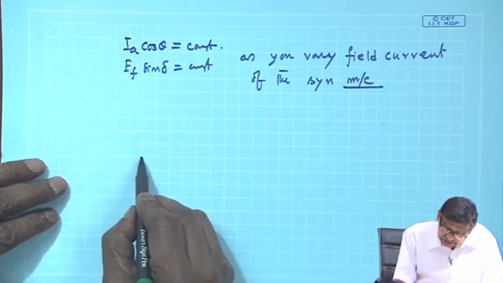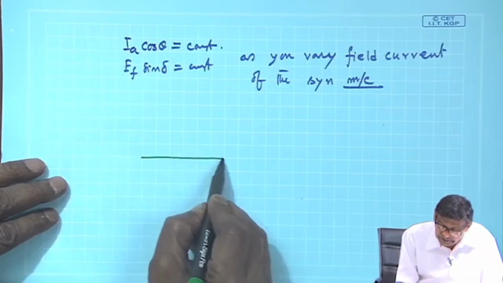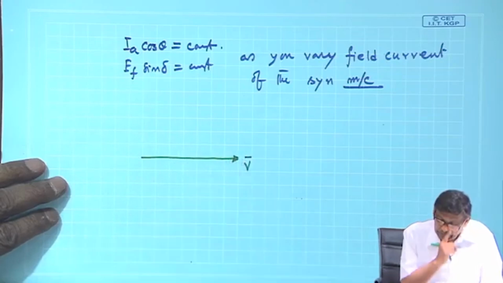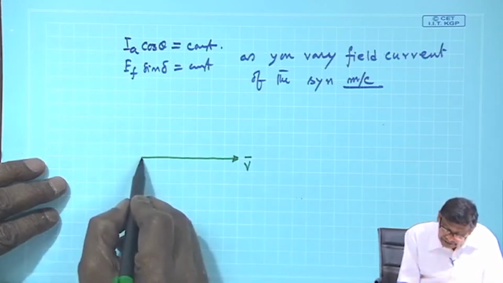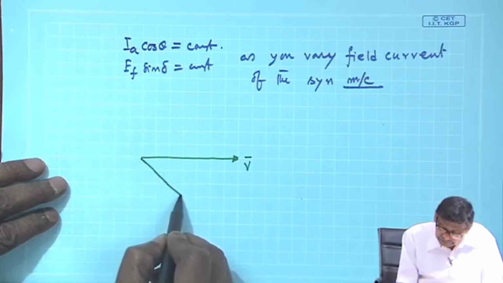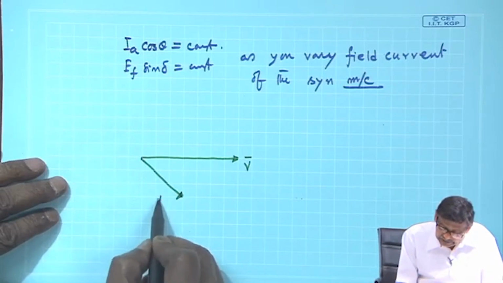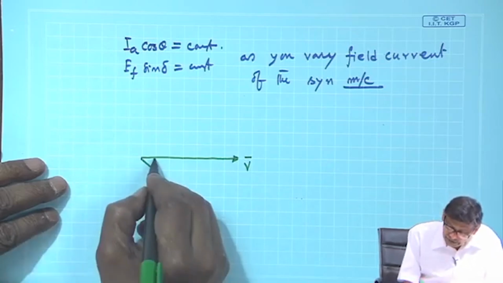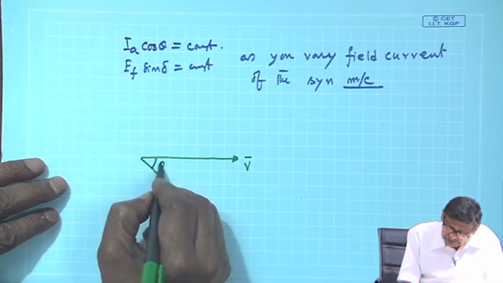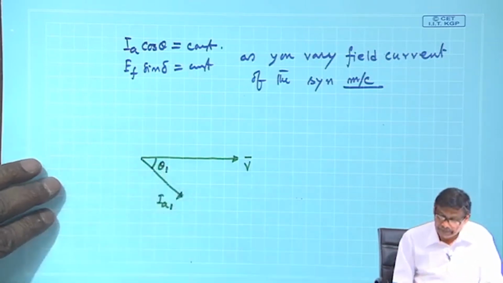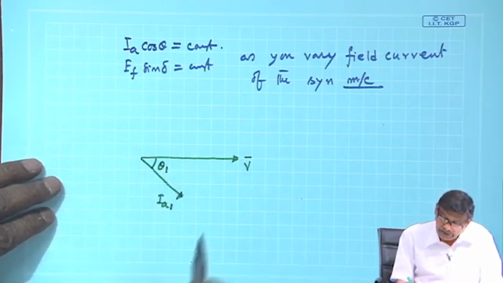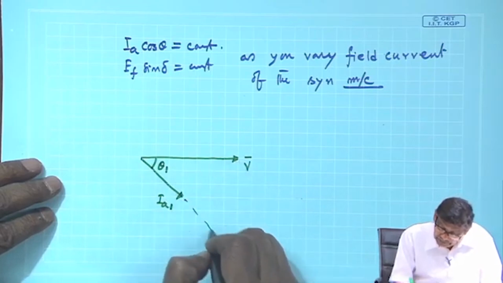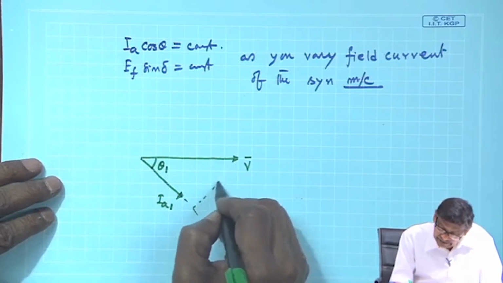So, in the generator case it will be like this. Suppose the initial operating point is V and it is delivering a current of I a1 at a loading power factor angle of theta 1. Then E f1 will be V plus j I a1 x s.